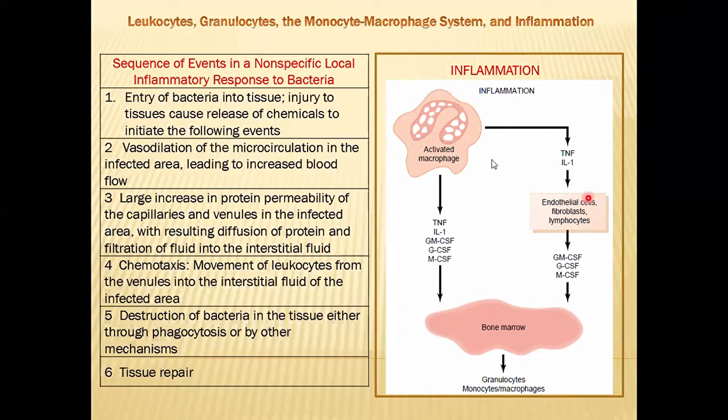This will stimulate your endothelial cells, fibroblasts, and lymphocytes, releasing GM-CSF, granulocyte-monocyte colony stimulating factor, granulocyte colony stimulating factor, and monocyte colony stimulating factor, stimulating the bone marrow to produce more granulocytes, monocytes, and macrophages.